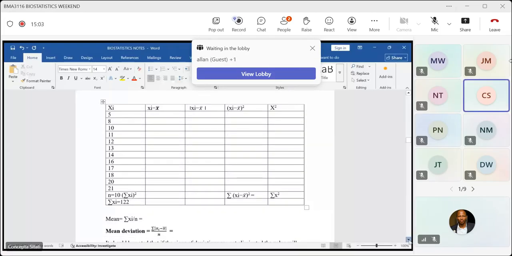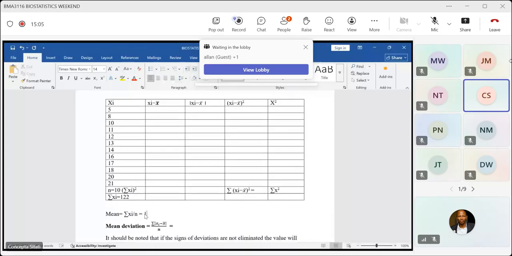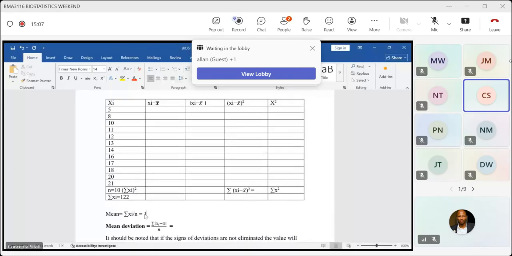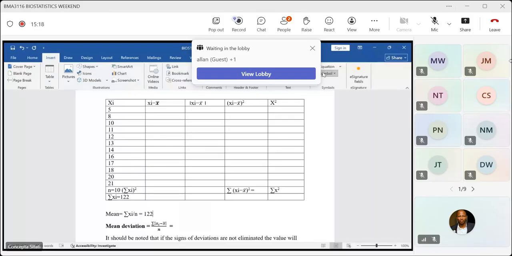So here we have 122 divided by 12. What do we get?